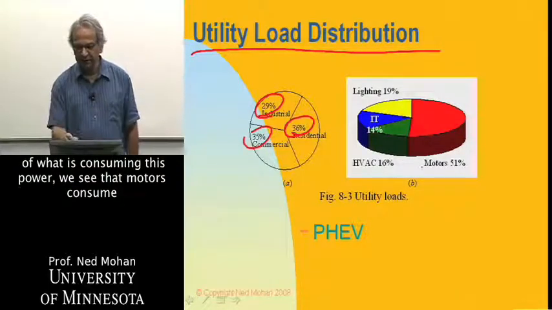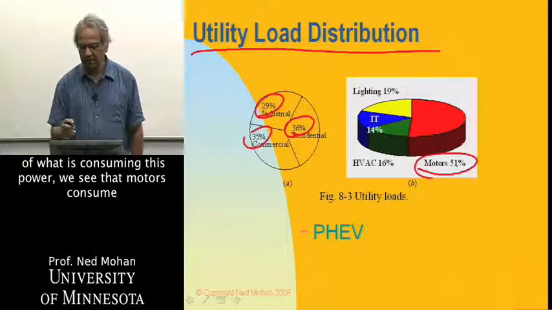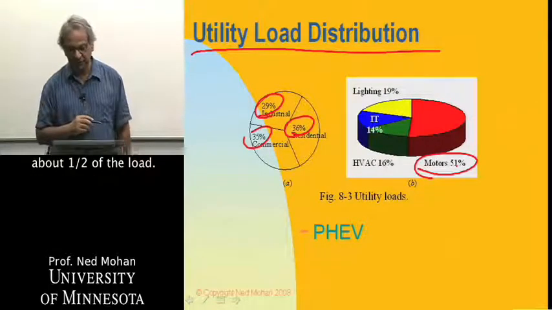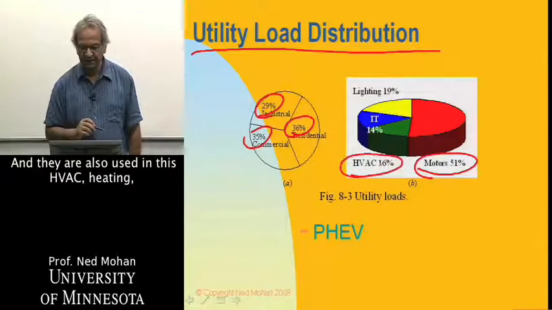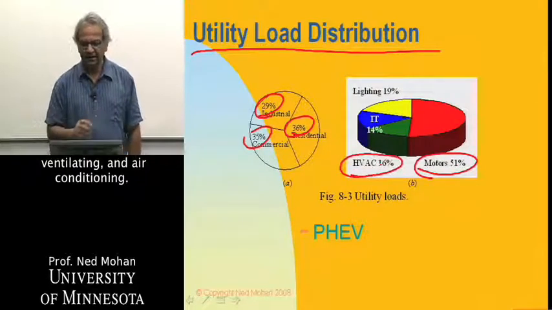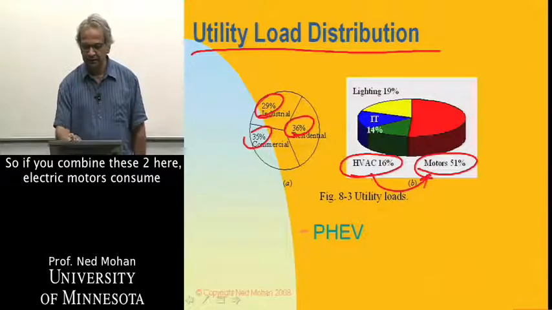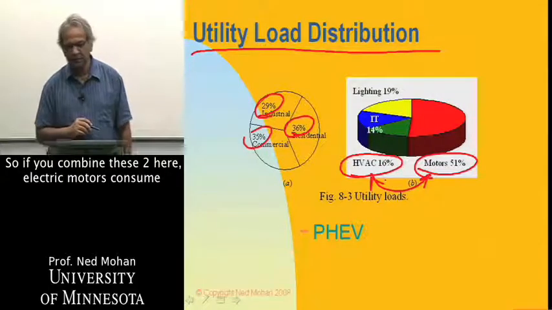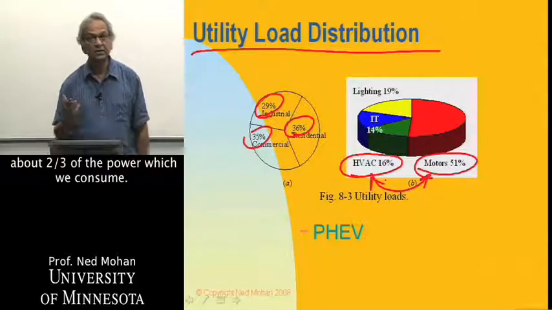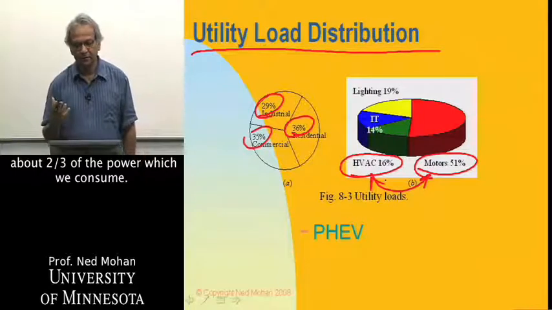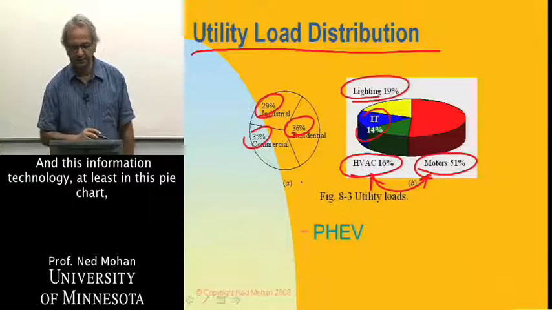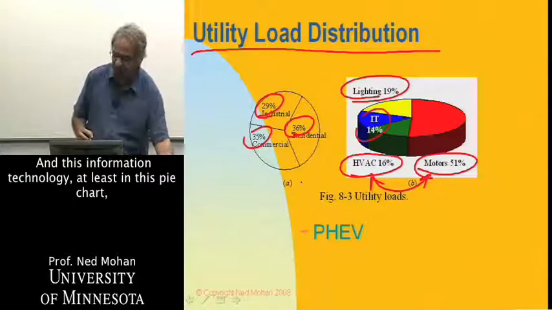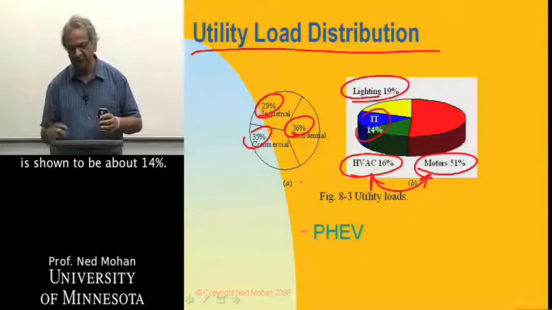And when we look at the type of load in terms of what is consuming this power, we see that motors consume about 1/2 of the load. And they also are used in HVAC, heating, ventilating, and air conditioning. So if you combine these two, electric motors consume about 2/3 of the power that we consume. Then lighting is about 20%, and information technology, at least in this pie chart, is shown to be about 14%.